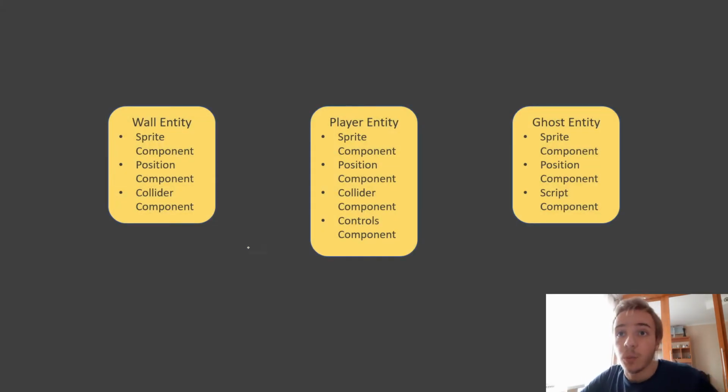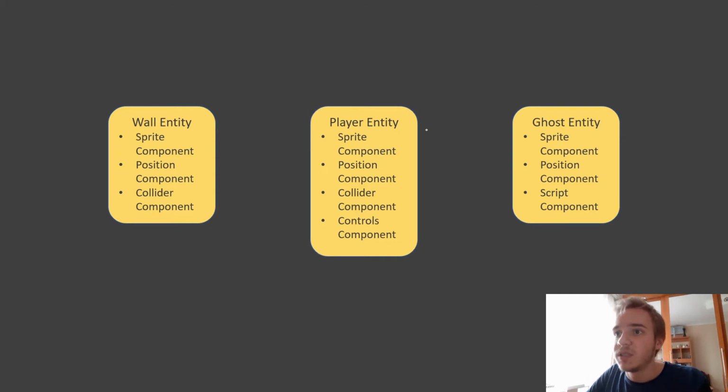Here we have a wall entity which is visible, has a sprite component, which is just data, right? A position component, obviously, the position in the world or on the screen, and a collider component. So that means that it's solid, right? So it's a visible and solid wall entity.